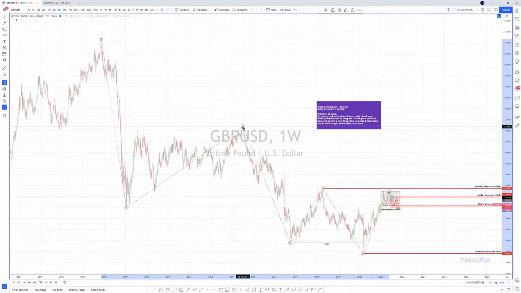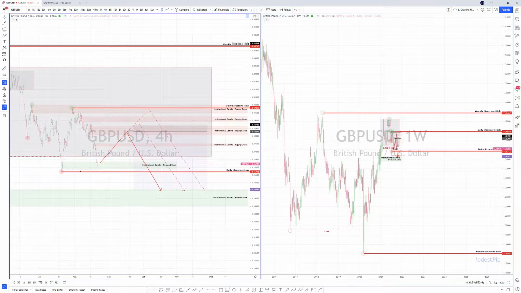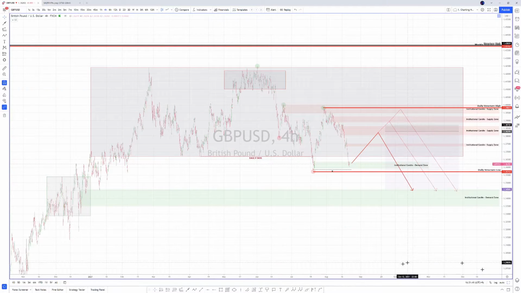Okay, let me quickly remove that. So now if we go to the daily structure, so I'm using the 4-hour chart here because this is what I'm looking at in terms of structure in order to execute my trades.